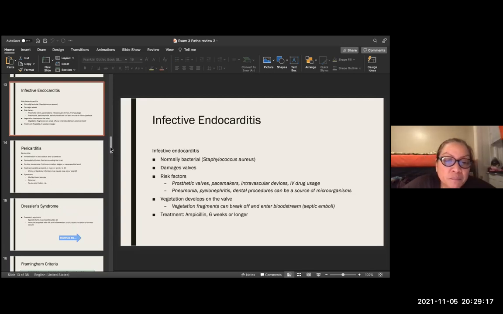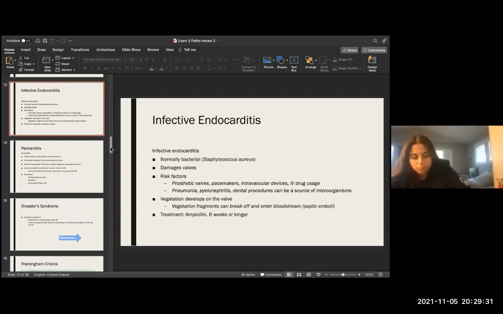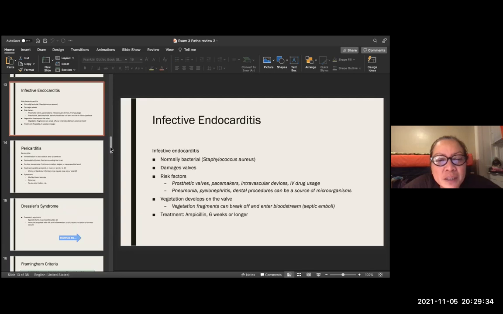It damages the valves, which are usually in the endothelium. There are little valves in the vascular arteries. The risk factors are prosthetic valves, pacemakers, intravascular devices, something like that.